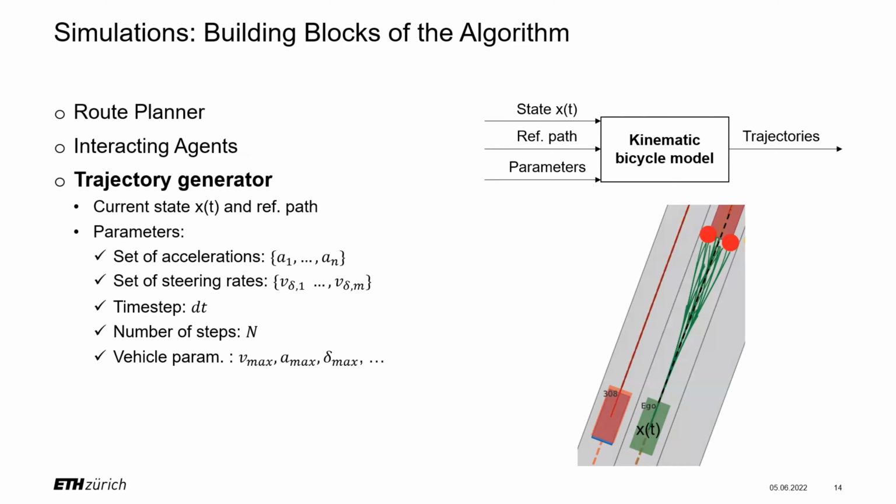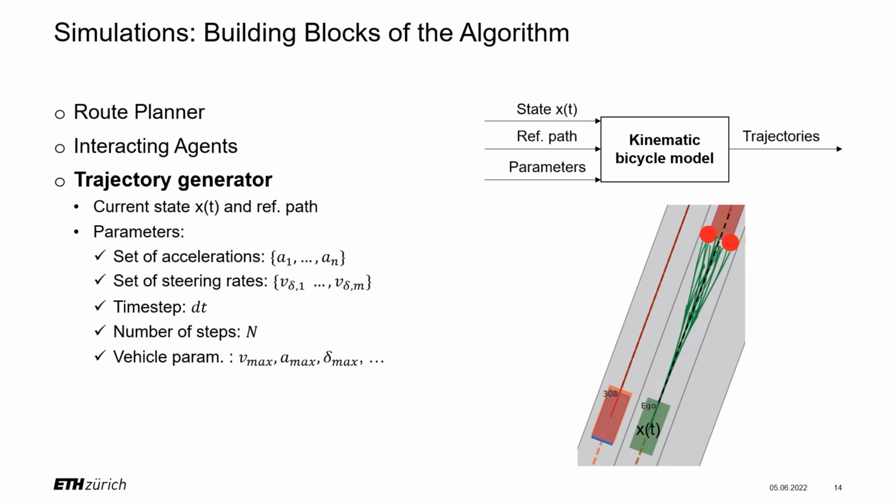The next part of the algorithm is the trajectory generator. The trajectory generator takes the current state of the ego vehicle or also of other vehicles, and knowing the reference path, which is calculated with the route planner, has a set of parameters such as a set of accelerations, a set of steering rates, the time step, the number of steps, and vehicle parameters such as the maximum velocity, maximum acceleration, maximum steering, and so on, in this case from the Ford Escort.